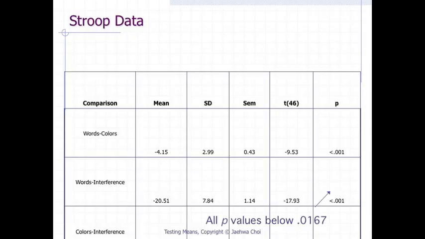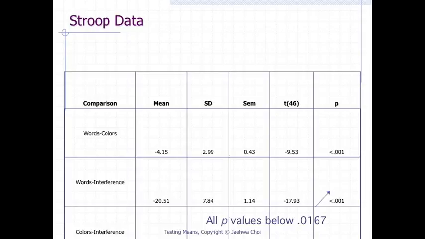The mean, standard deviation, standard error of the mean (SEM), T and P based on all 47 subjects are shown in this table for the 3 different scores. The T for each difference score was computed by dividing the mean by the standard error of the mean. Because there are 47 subjects, there are 46 degrees of freedom.